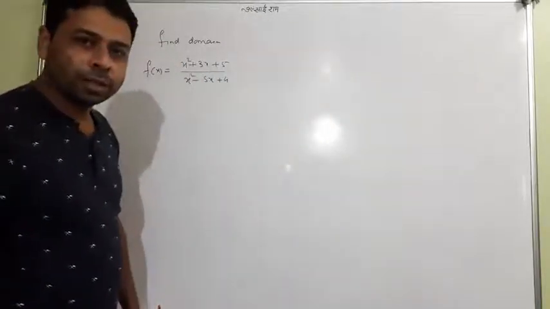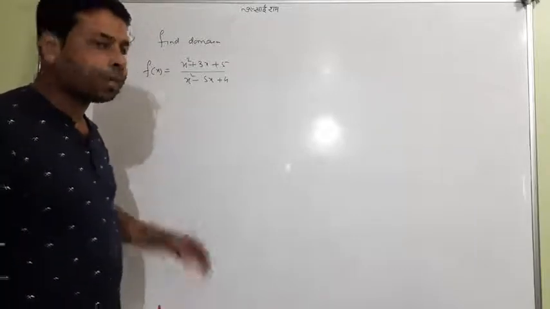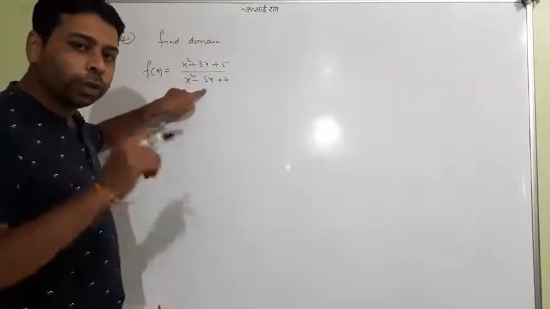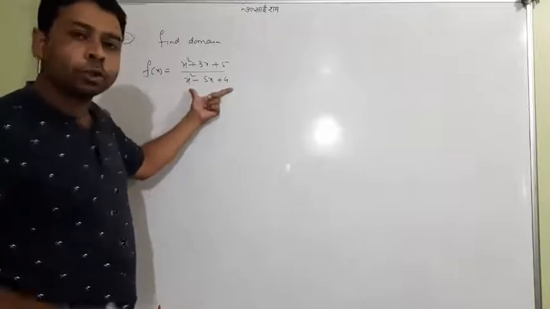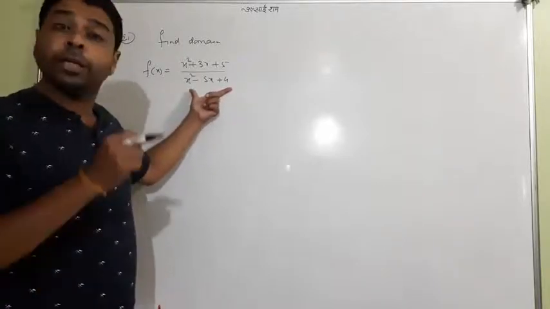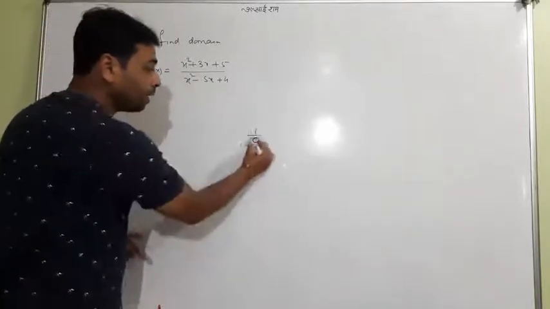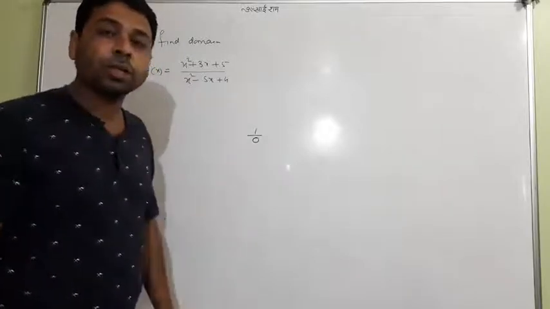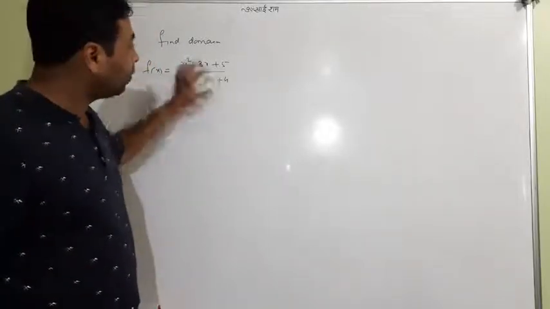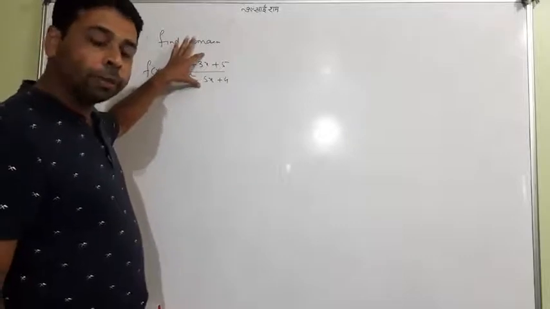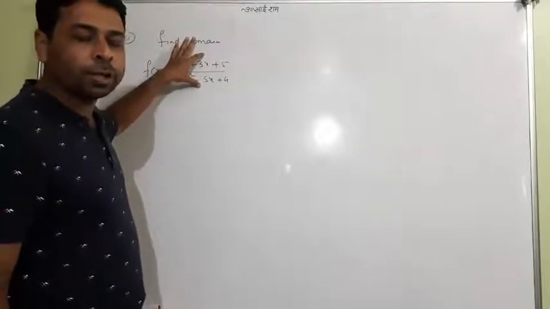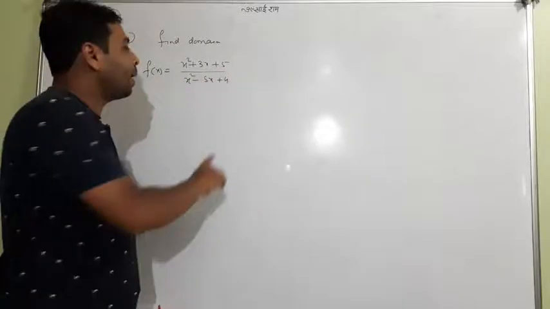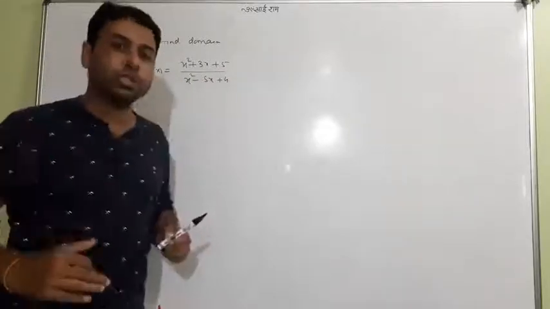If you still don't know when it is defined, I tell you that a rational function is only defined when the denominator is not 0. The denominator should not be 0, because if I write this condition, the answer is going to be not defined. So a rational algebraic function is only defined when this term is not 0.